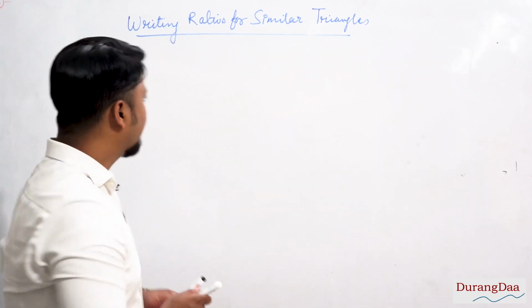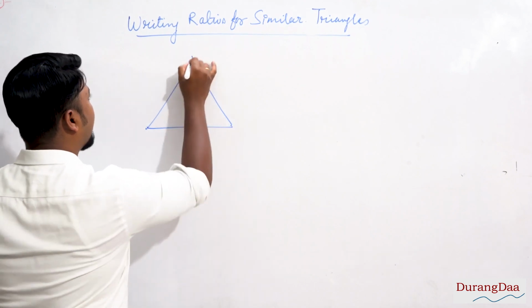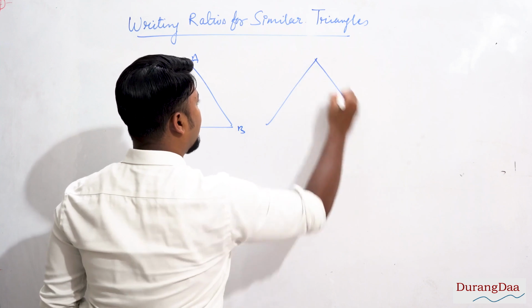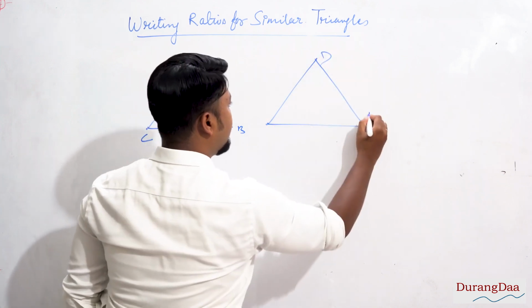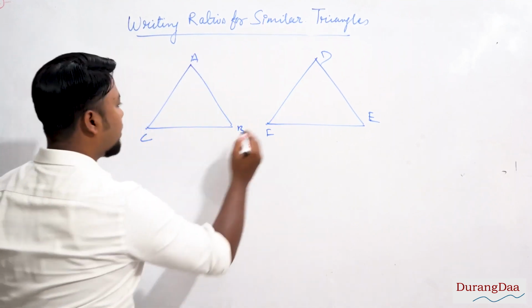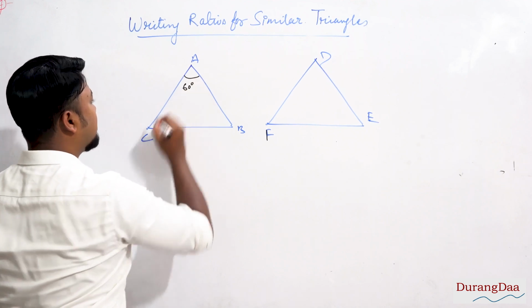Okay, now see, for example, if we are having two triangles, triangle ABC and another triangle DEF. Suppose angles are given. This angle is, suppose, 60 degrees.